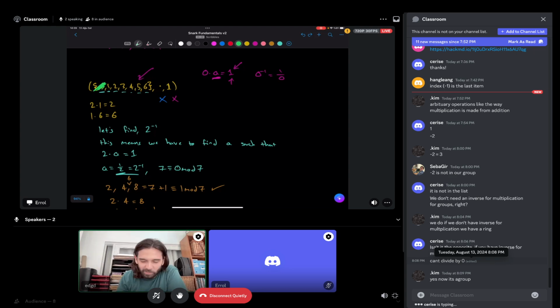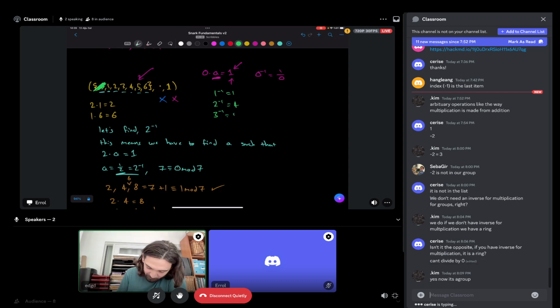Okay, I mean we can manually show this. 1's inverse is 1 itself because 1 times 1 is 1. 2, well, we just did a minute ago. What was it? It was 4. And we can find it for each number. What would 3 inverse be? 3 would be, ooh, what would it be?